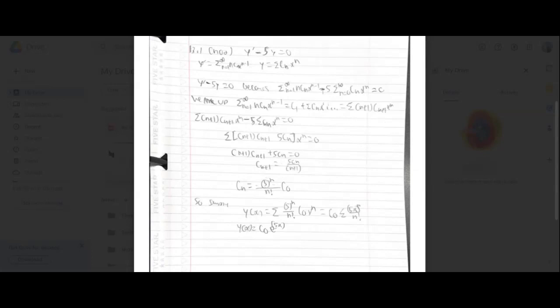So the only terms we need to keep inside the summation are 5 and x to the n over n factorial, which always comes to e to the 5x, which would be my solution, times c of 0.